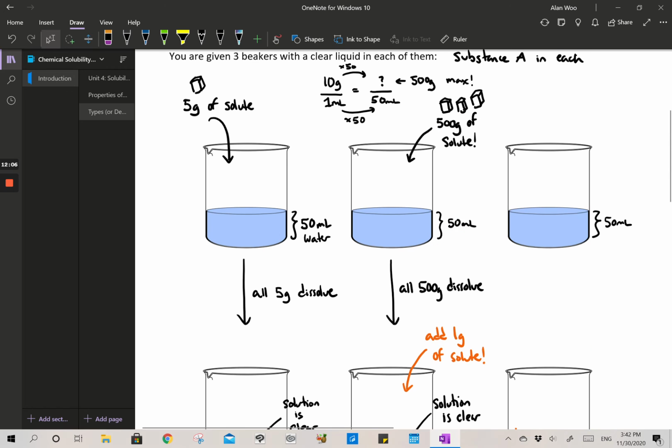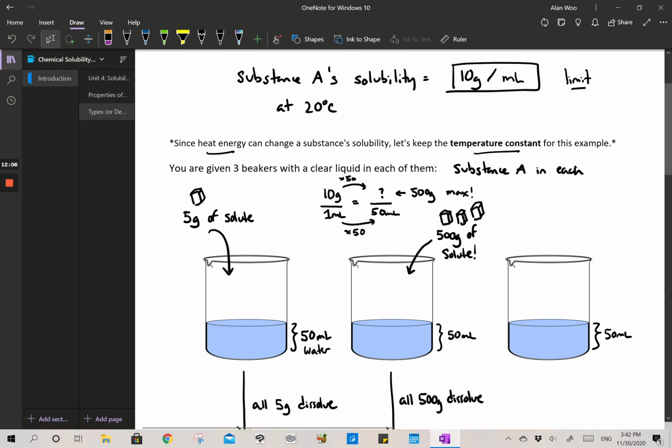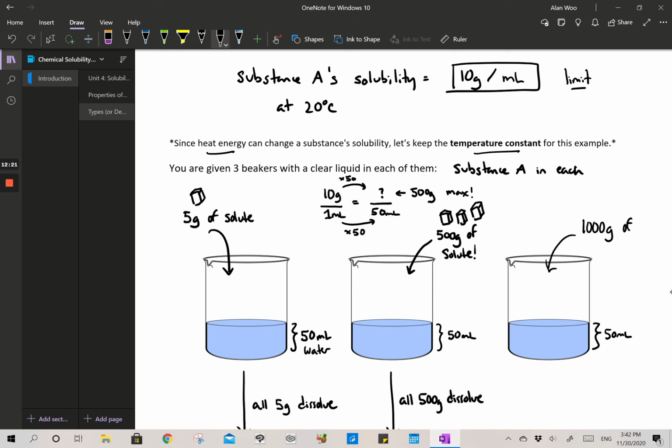So let's look at the final example. So over here, in this third beaker, we're going to put in about, let's say, 1,000 grams of solute. Now we know the maximum is only 500.